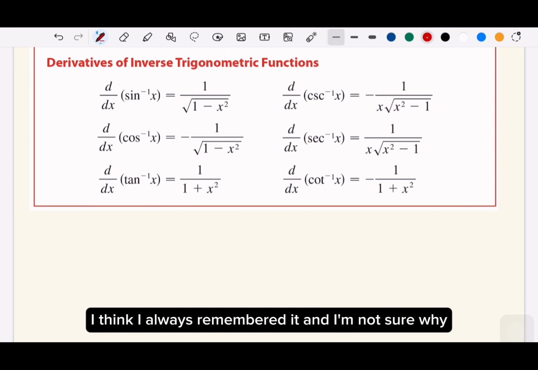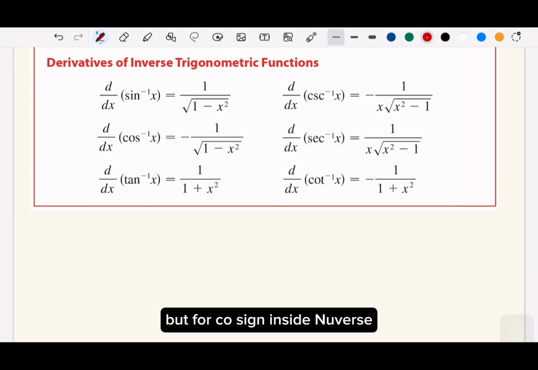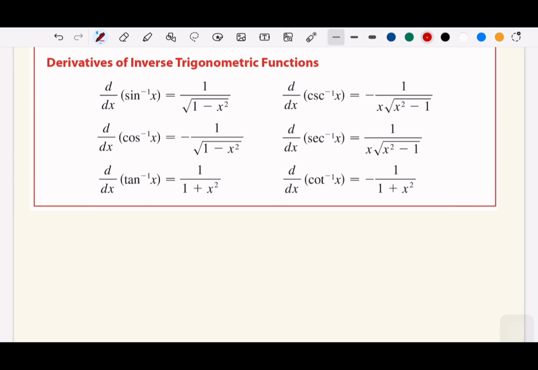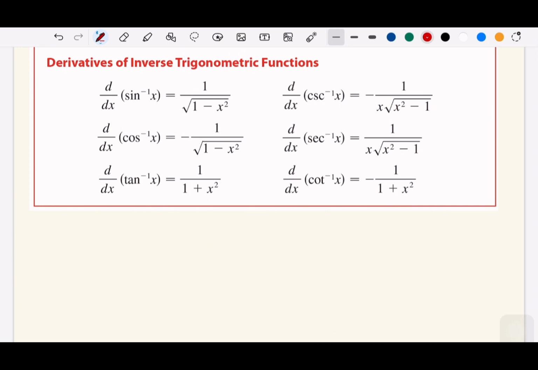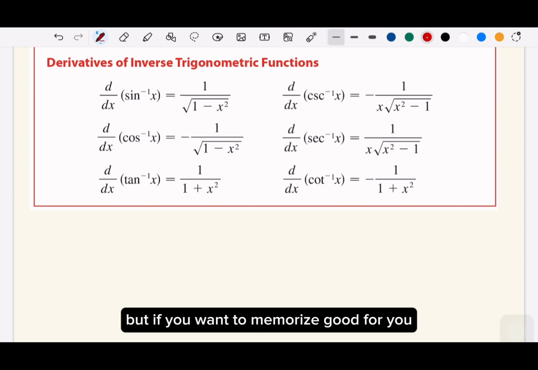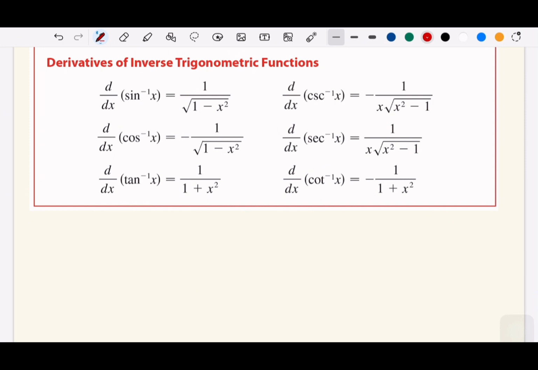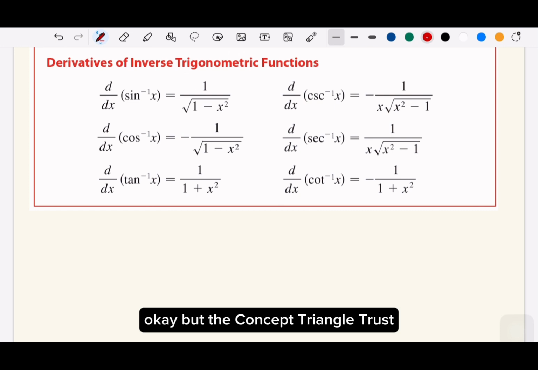I think I always remember this, and I'm not sure why. But for cosine and sine inverse, I always forget how it looks like. And even I don't remember this. But if you want to memorize, good for you. I don't want to make my head full. Okay. But the concept, the triangle.